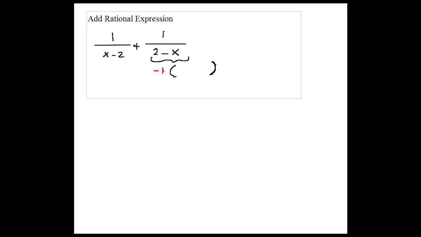If I put 2 here, 2 times -1 is not plus 2, right? Samantha, do you want to try? We're missing something here. What are we missing here? -2 plus x. Very good.